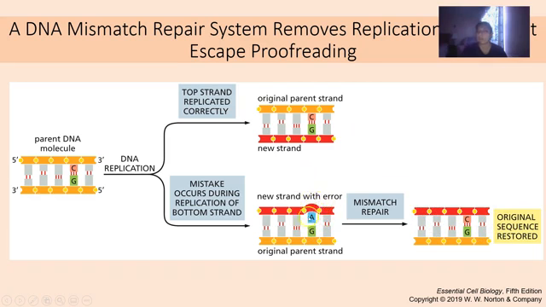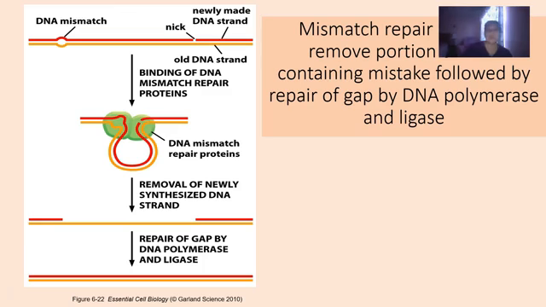Now in this case, remember, it could have removed either one, but it always removes the newly synthesized strand. That makes sure that you are taking care of that error, because that's where it's more likely to have occurred. Now in mismatch repair, it's not just removing that single base, but rather a small portion of that newly synthesized DNA, with the help of what we call DNA mismatch repair proteins.